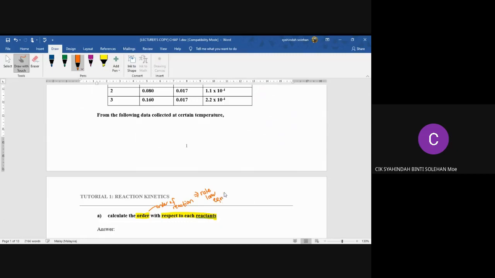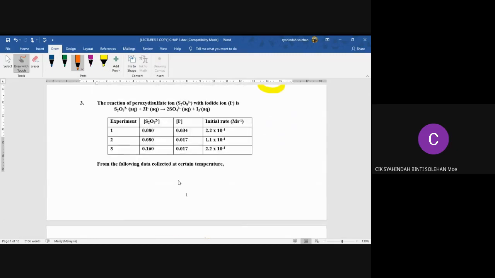equation. Okay, so for the rate law equation, actually they don't care about the product and also they don't care about the stoichiometric coefficient. So please, first thing first is to build a rate law equation. Okay, build the rate law equation for this chemical reaction.